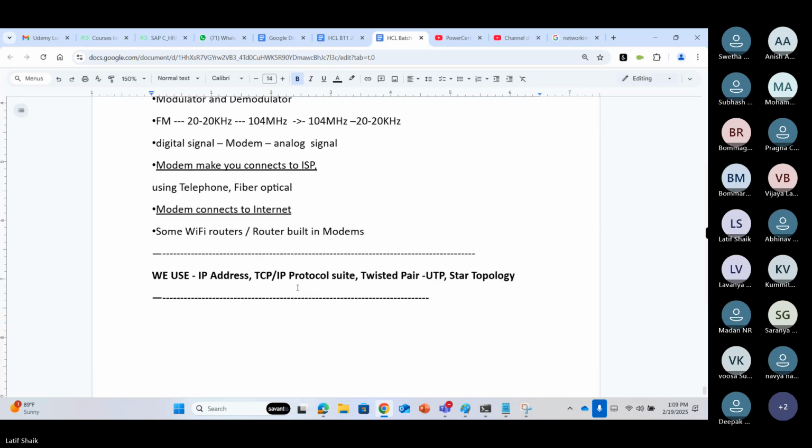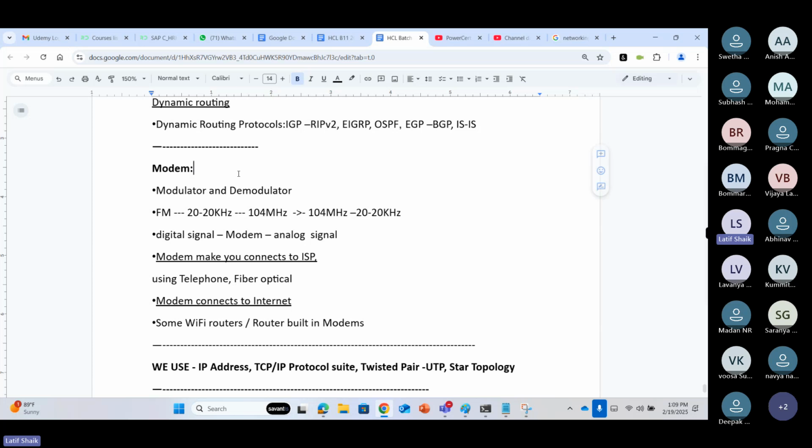Yes, sir. The last one, okay, modem: modulator and demodulator. When you are sending a signal, our signal is generally a digital form of signal, an electrical signal, but it cannot travel that length, and there are different media types of connectivity.